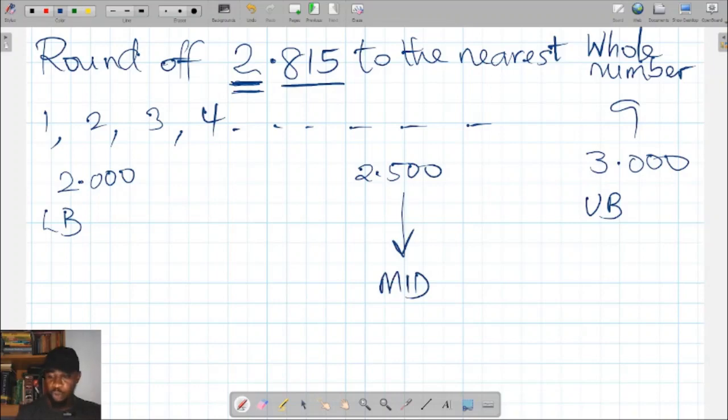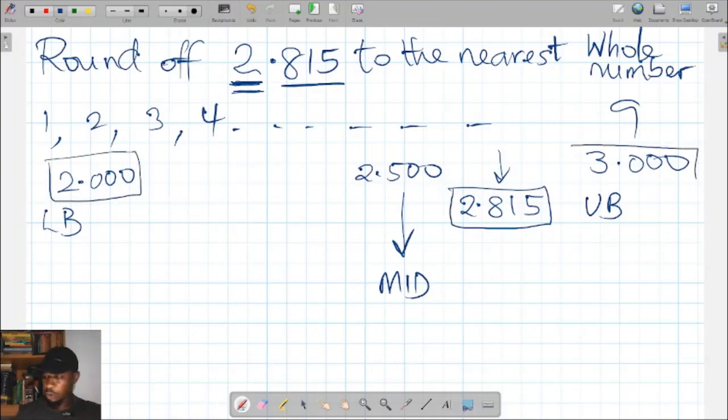Now where will 2.815 fall in? We can just think of this as 2,815. It's going to be 2,000 after 2,500. Well, whichever case, it's going to be on this side, 2.815. And so this is where our number is situated. So the units that we are considering, lower bound is 2, upper bound is 3. Which one is it closer to? It is closer to the upper bound.